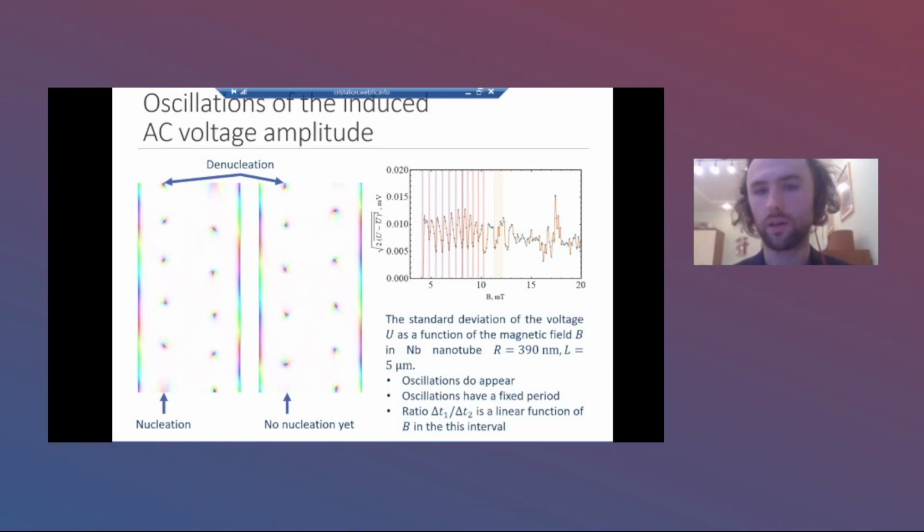And if we model our nanotubes with time-dependent Ginzburg-Landau equations, we see that oscillations do appear, and these oscillations have a fixed period in some regions of the plot, and it means that the ratio delta T1 over delta T2 is a linear function of the magnetic field in this interval, which can be expected from the general theory.